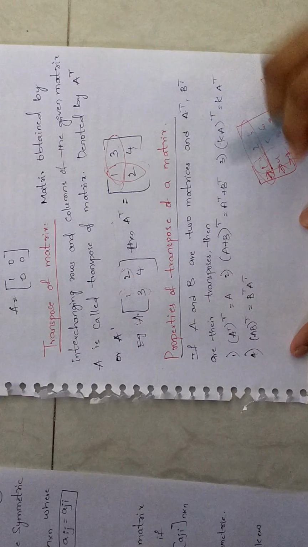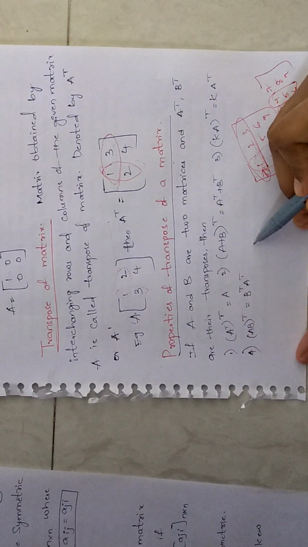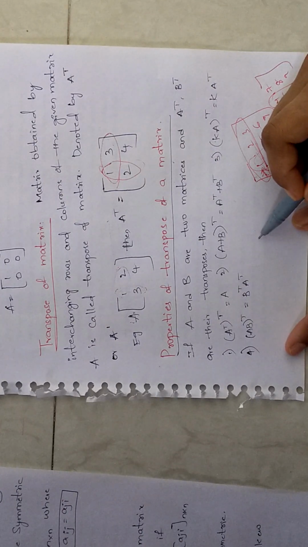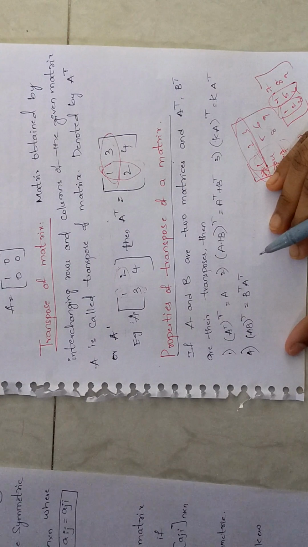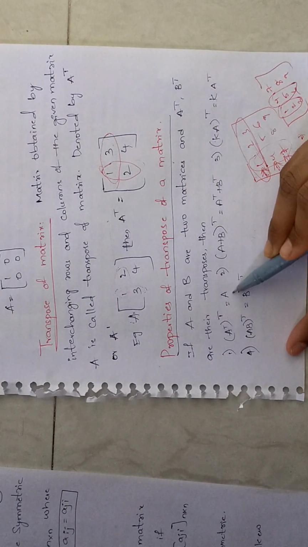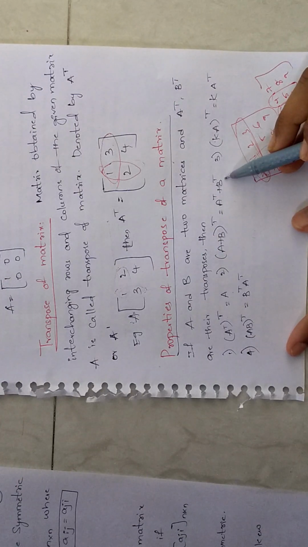Now, properties of the transpose of a matrix. Remember all these properties. We don't have to prove them using theorems; just remember them because we will be using them in problems. (A transpose) whole transpose is A. (A plus B) whole transpose is A transpose plus B transpose.